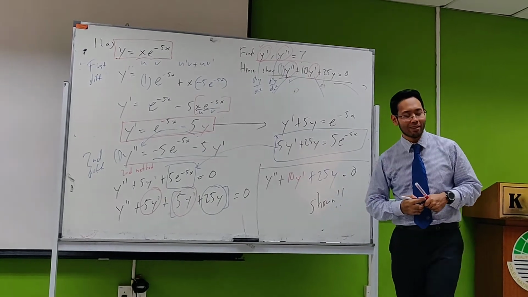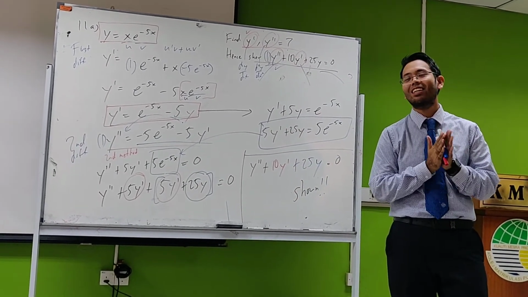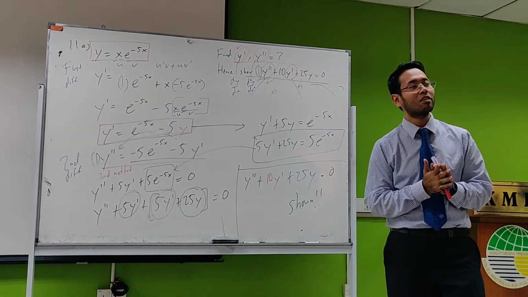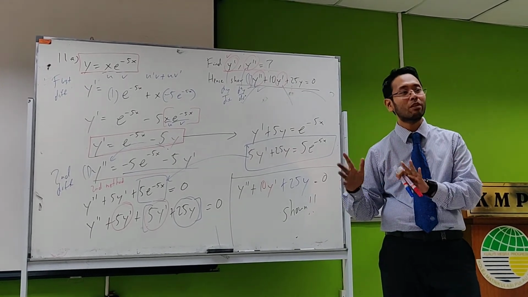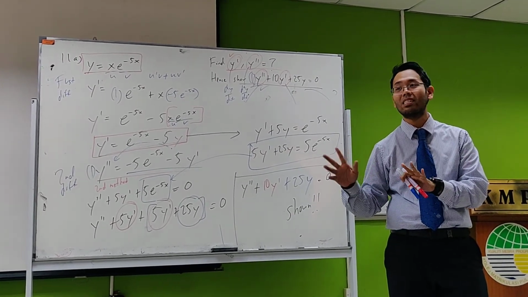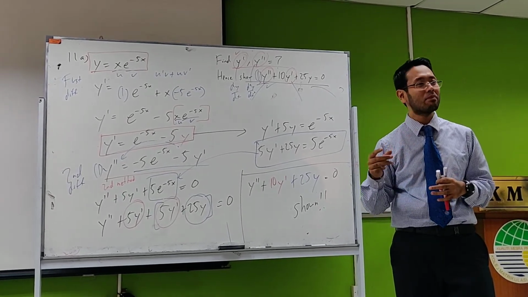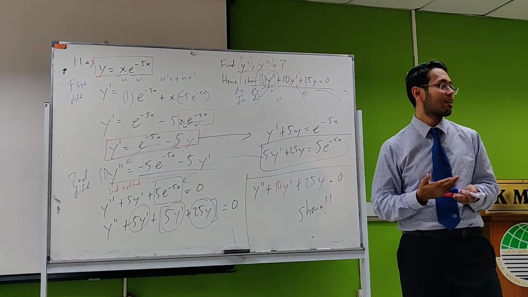Okay, which way is the better method? First or second? I have to admit this part. The first method, sometimes you can solve it. Sometimes it's easier, but most of the time it's long. If you make mistakes, huh?